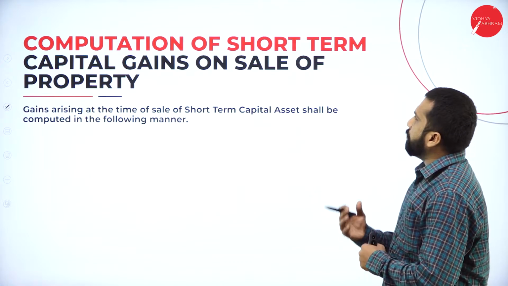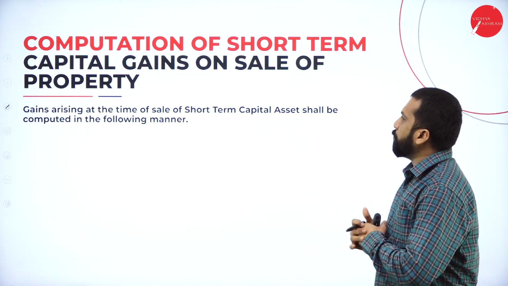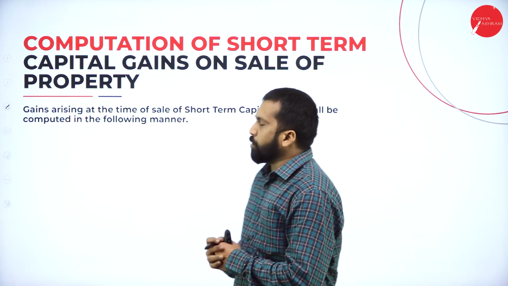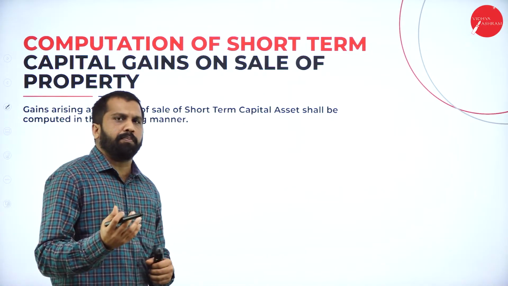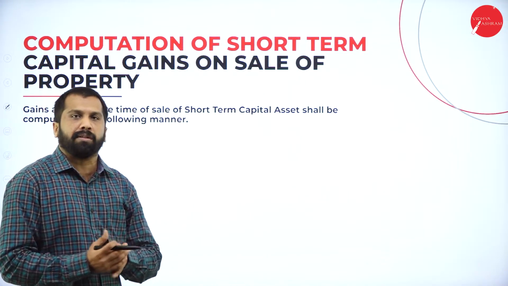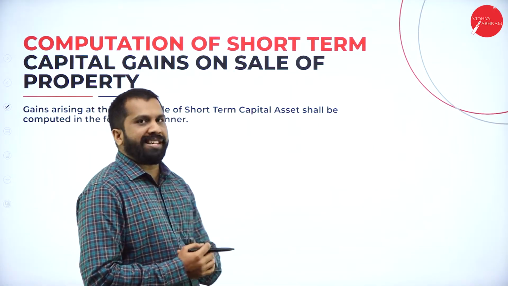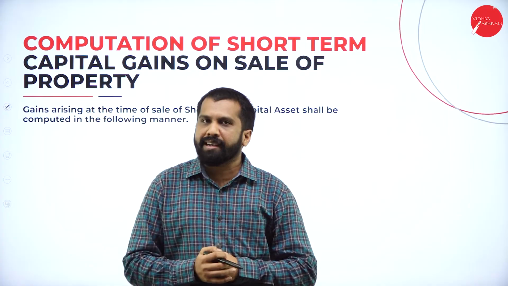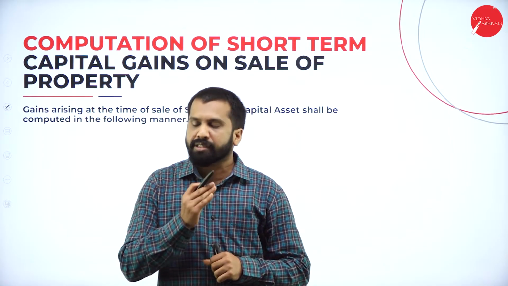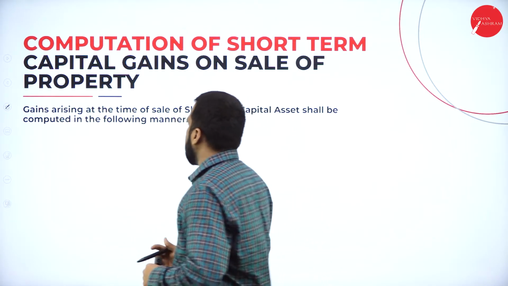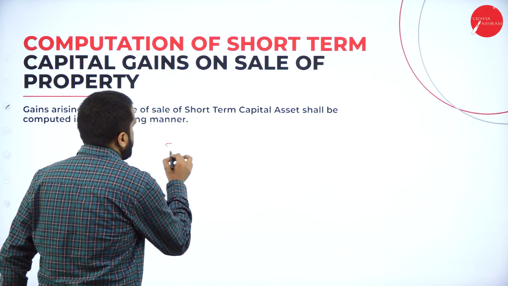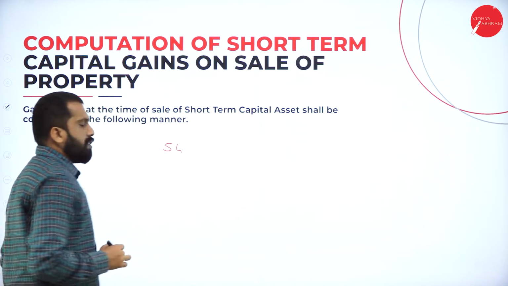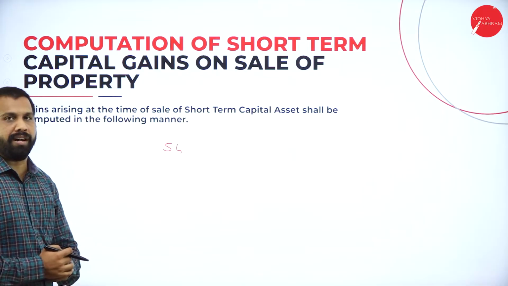Now, computation of short-term capital gain on sale of property. We have to go for short-term and long-term. We'll compute a small example problem. Before that, I want to explain a few sections which come under your income tax. Which are those? The sections will be 54. This is the first one.